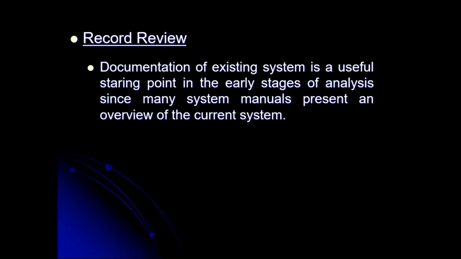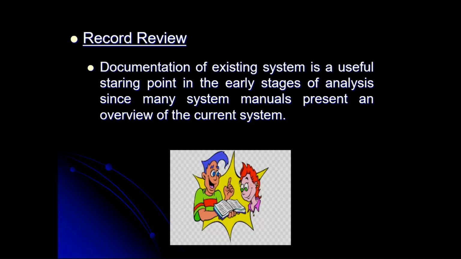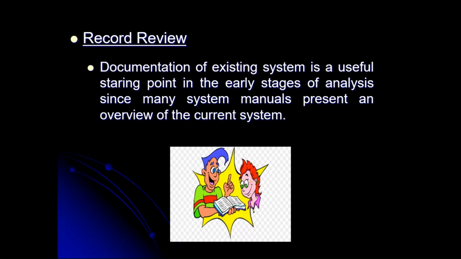Documentation of an existing system is a useful starting point in the early stages of the analysis, since many system manuals present an overview of the current system. So by reviewing the available documentations related to the existing system, it helps you to get a general understanding of your existing system.